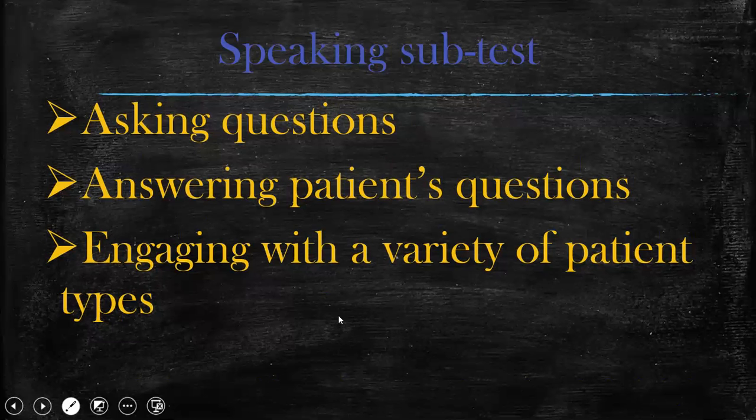Asking of questions. Both the candidate and the interlocutor are supposed to ask questions. Remember, as a candidate, it is your test and not the interlocutor's test. And so a greater part of the responsibility of the role play lies on you as the candidate.